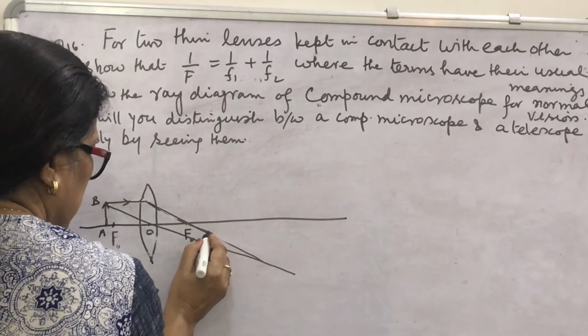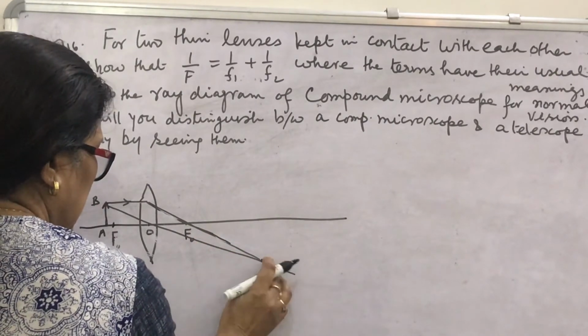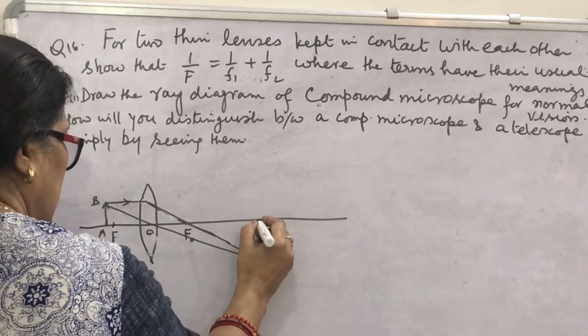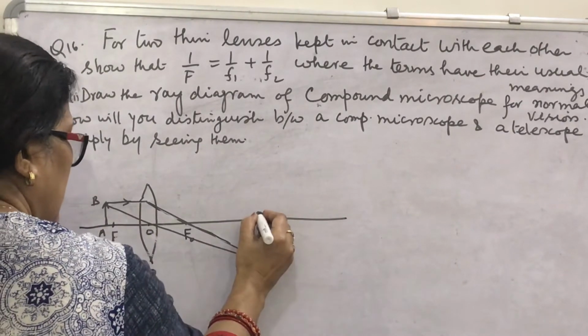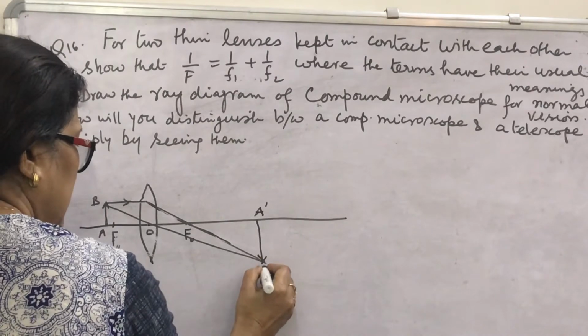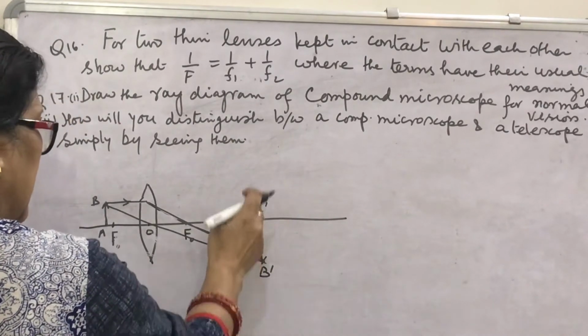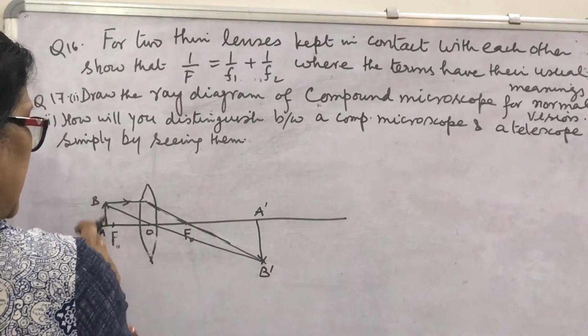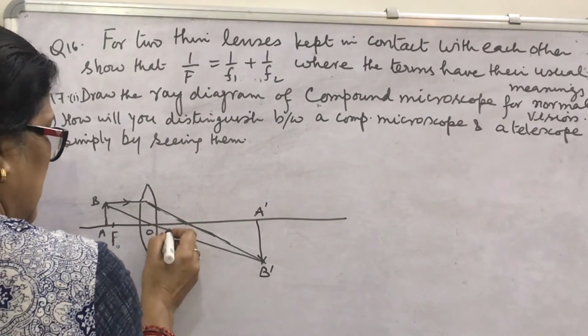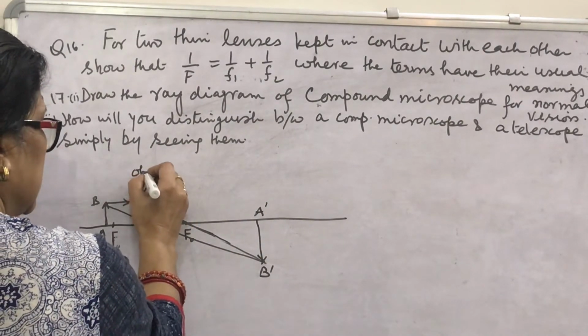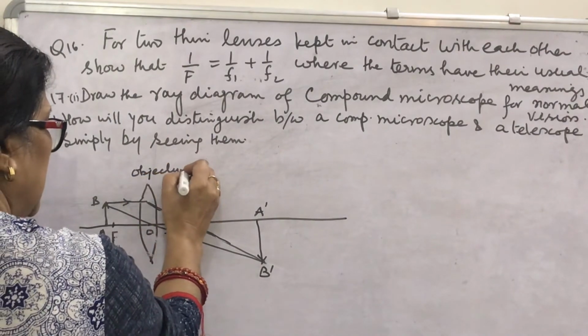If you take the pencil and scale, these rays meet here, and this is the real, inverted image A dash B dash of the object AB, a smaller object. Draw the arrow right here; this is the objective lens.